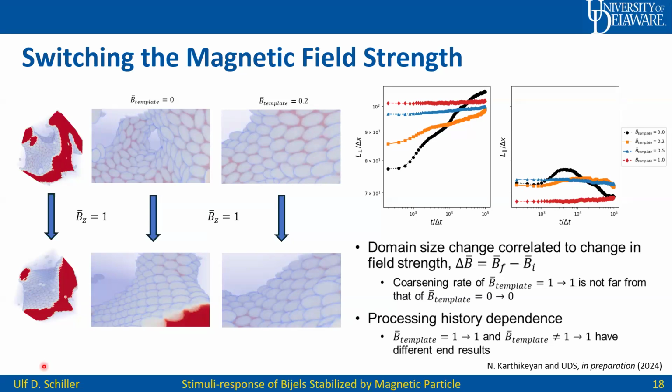So it's easier to create structures during that initial spinodal decomposition. Once things have arrested, it turns out to be a little bit more difficult to actually change things. One thing that's interesting is that things do depend on how you process the material, and that's always an interesting thing to understand for materials processing.